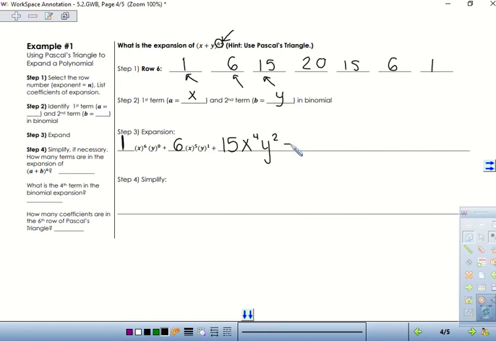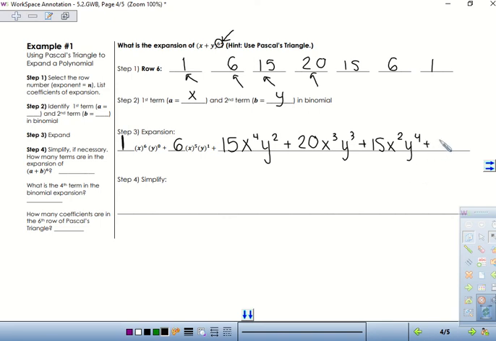Okay, we'll try one more time. This is going to be 20, x to the 3rd, y to the 3rd. See how one goes up, the other goes down. Next one's going to be x to the 2nd, y to the 4th. Good.